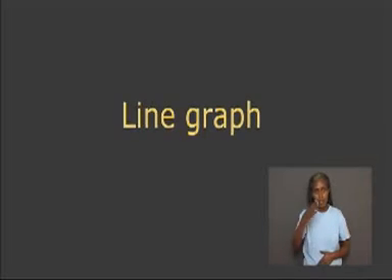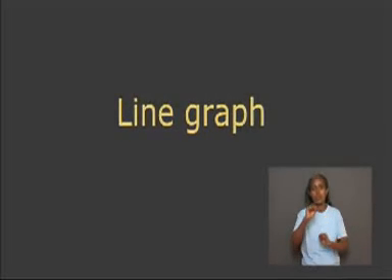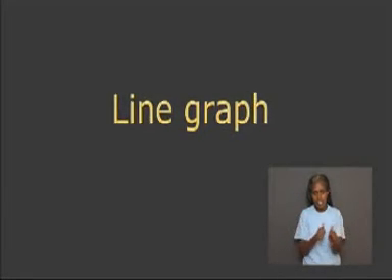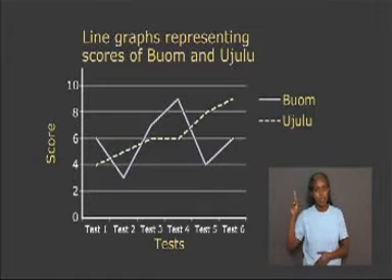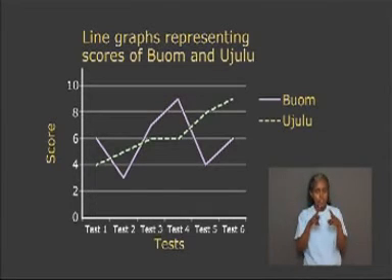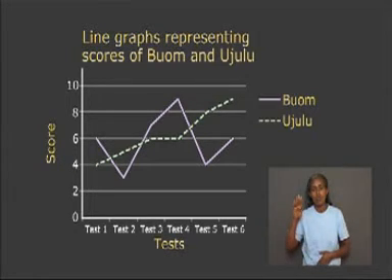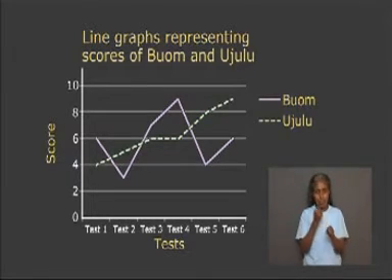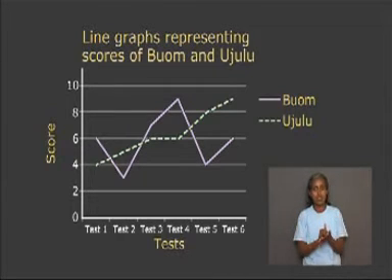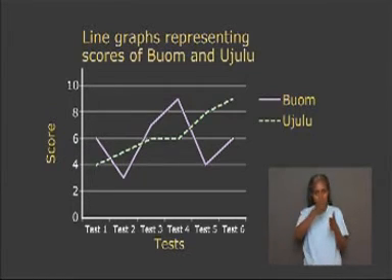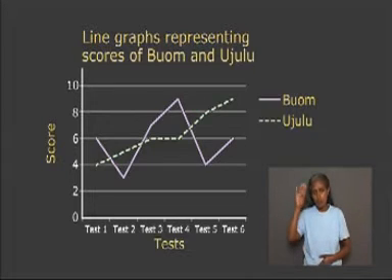Line graphs make it easy to compare different series of data. Here, we can see 2 lines representing the mathematics scores of Buom and Ujulu. The structure of the line graph makes it easy to see that while Ujulu scores have steadily improved, Buom scores have fluctuated.